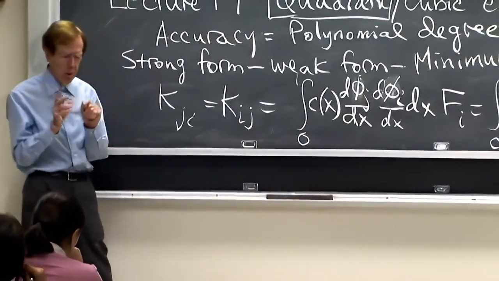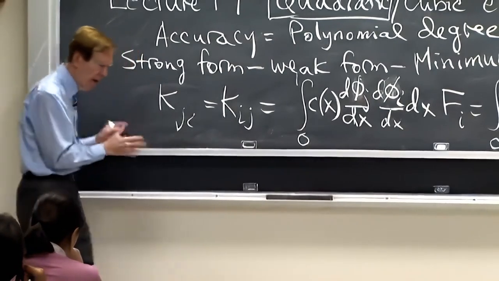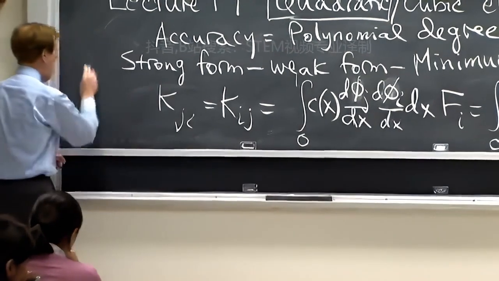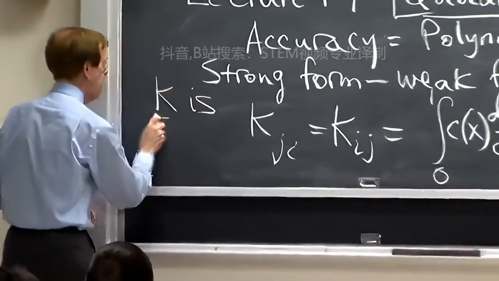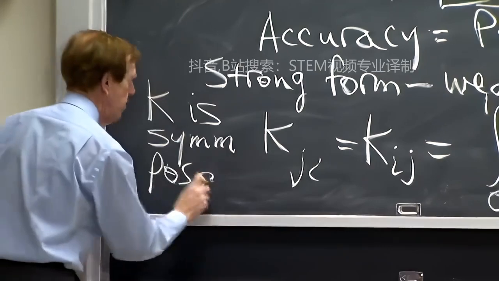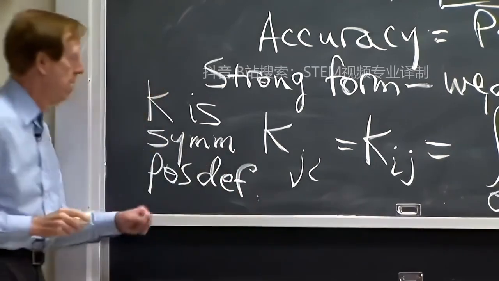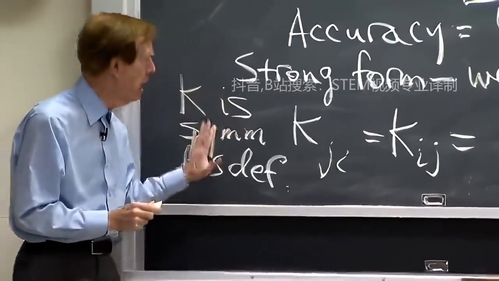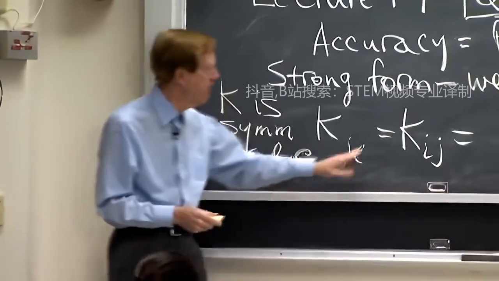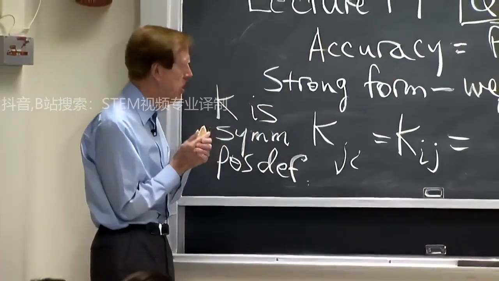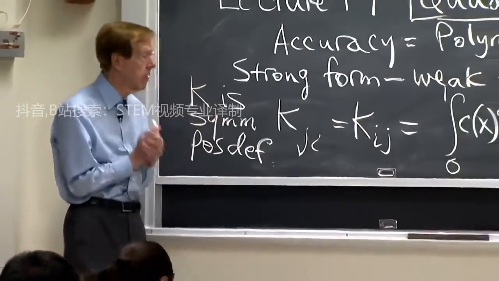Maybe I'll just say one fact that we'll come back to, that this K is symmetric positive definite. You thought it would be. By using that letter K, we kind of expected it to be, and it will be. It'll be symmetric because the phis and the v's are the same, and it turns out it's positive definite.